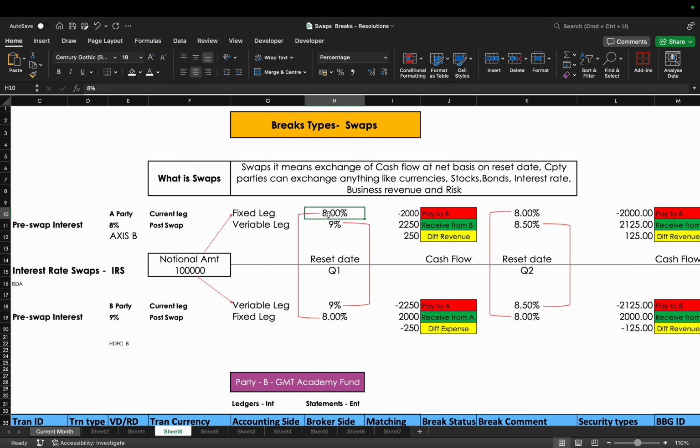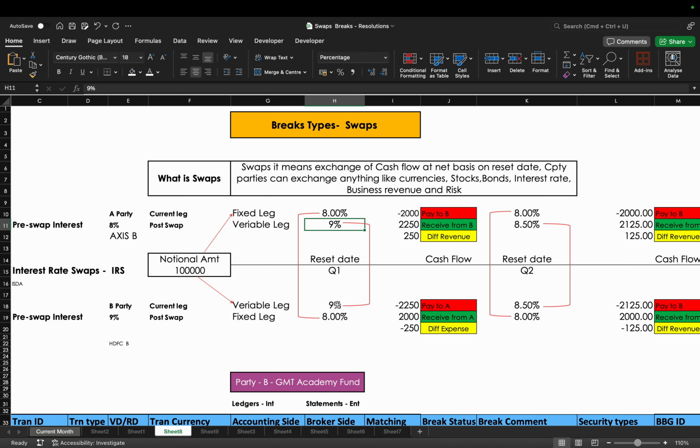But post this swap contract, if you see the equation, basically A party is looking at 9% interest payments. Why? The reason is, post execution or initiation of the contract, of course, the interest rates will be exchanged, right? So it means B's interest payment is what A is expecting, and A's interest payment is what B is expecting.